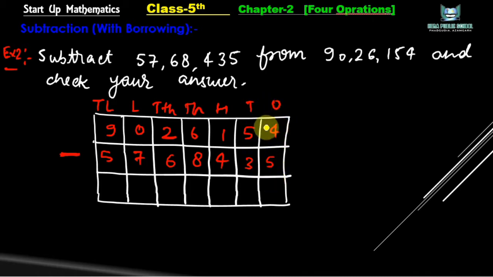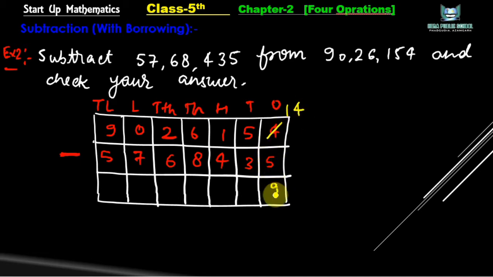We will take 1 from the tens place, which is 5. It will give a borrow, and then it will become 14. So 14 minus 5 is equal to 9.